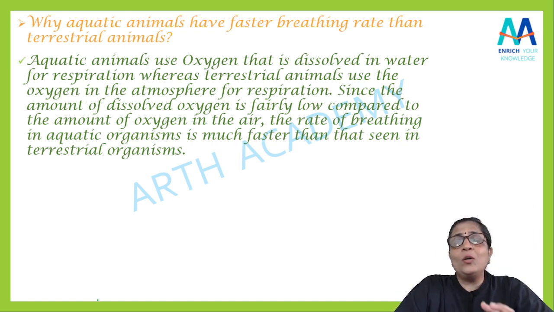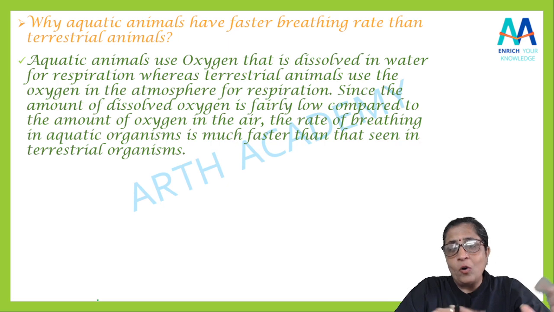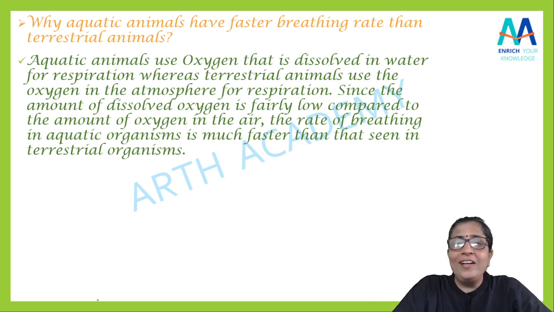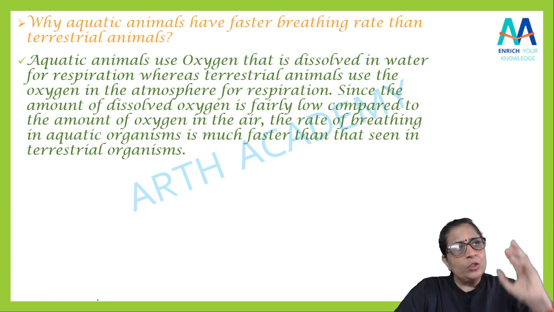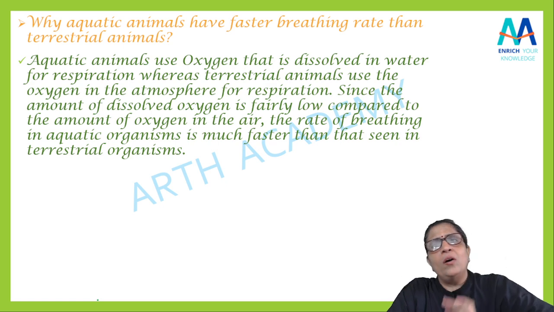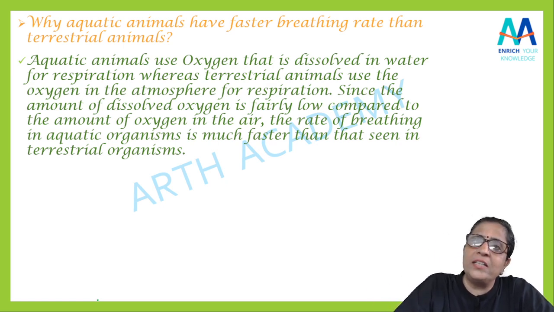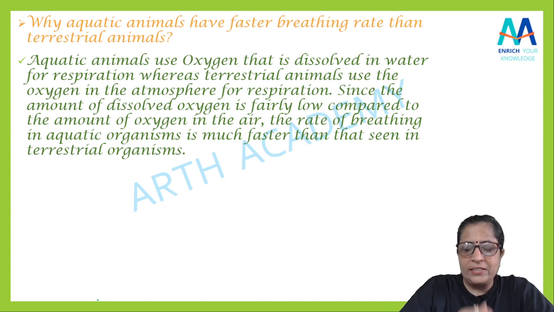Now, where the quantity of oxygen is more, is it more in the atmosphere or in water in dissolved form? Definitely, it is more in the atmosphere, isn't it? Because from there only some oxygen goes and mixes, dissolves in the water, it gets a dissolved form of oxygen there, isn't it?